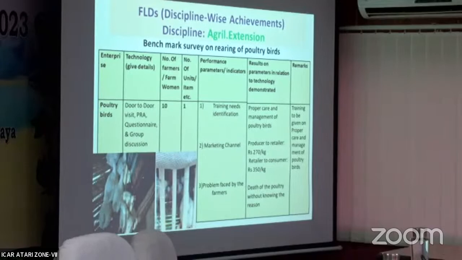Training on proper care and management of poultry birds was given, and the marketing channel is producer to retailer, it was 270 per kg. Retailer to consumer, it was rupees 350 per kg. The problem faced by the farmers was death of the poultry without knowing the reason. So training has to be given on proper care and management of poultry birds.